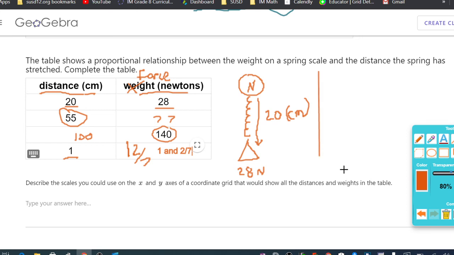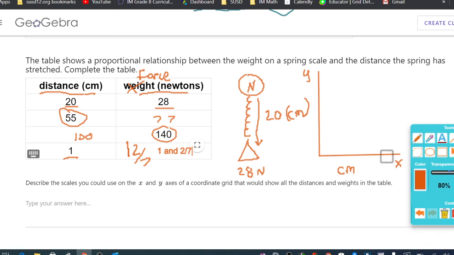Let's say that this is our graph, and we have the y values here and the x values here. What would you use? I used x is centimeters of stretch in the spring. And I used y is newtons of force.